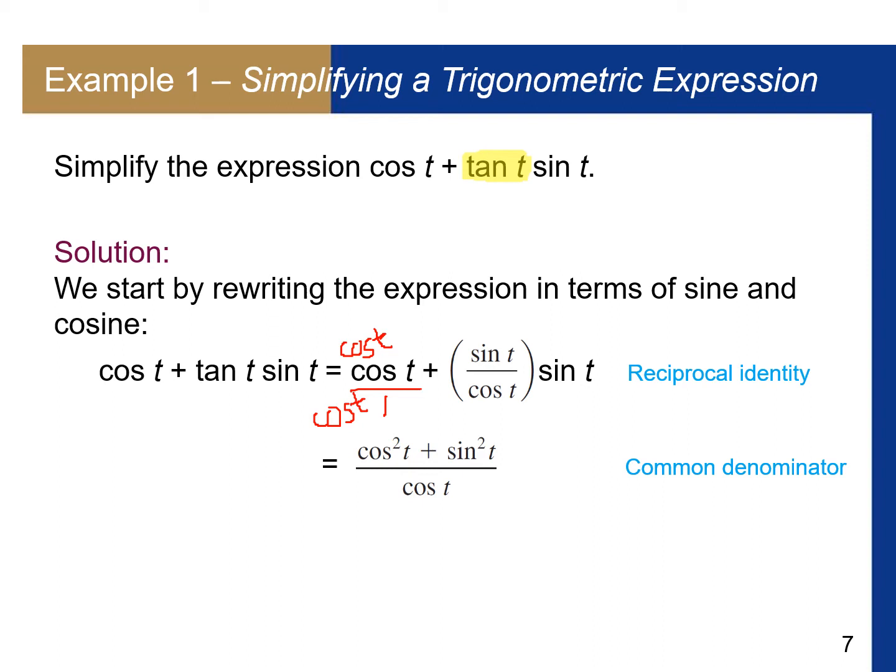And that's exactly what we're going to do next, we change it to be 1 over cosine t. Now, depending on what you're doing, you may want to leave it 1 over cosine t, or you might want to change it to be secant t. If you're changing it just to be as simple as possible, it would be secant.